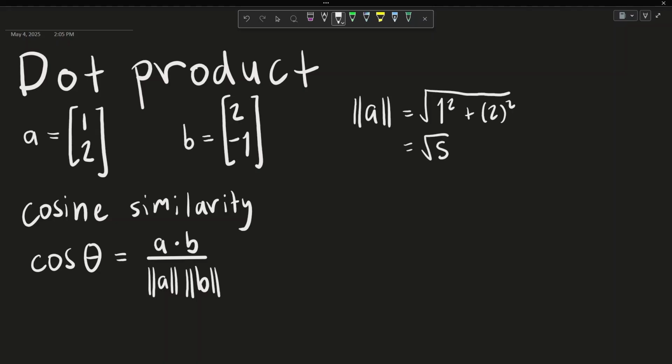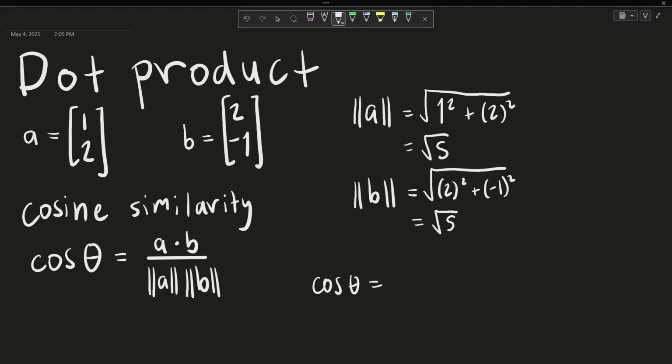And we know that the magnitude of B is equal to the square root of 2 squared plus negative 1 squared, which is also equal to the square root of 5. So, if we now take the dot product of the two vectors, we already know that this is equal to 0. So we know that cosine theta is equal to 0 over root 5 times root 5. So it's just 0 over 5, or 0.